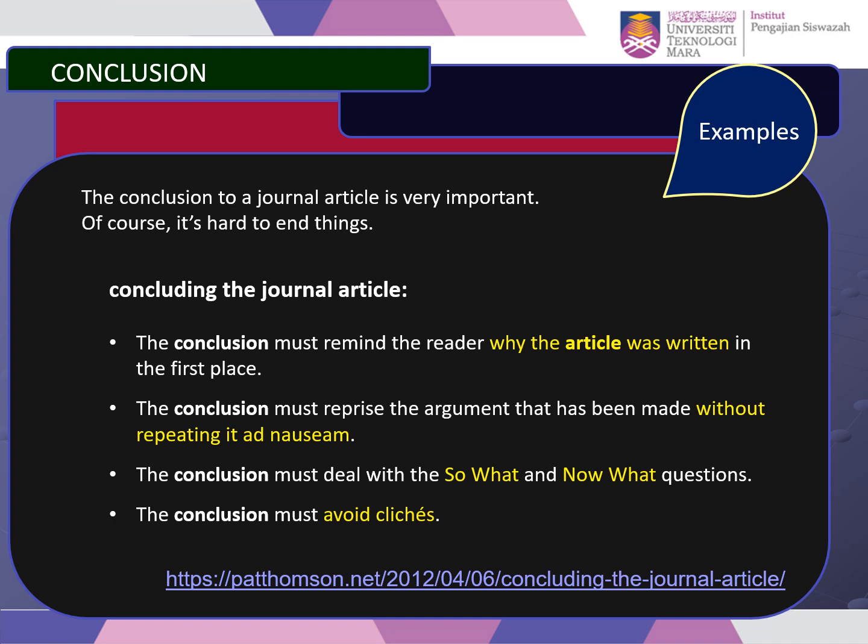So in order for you to conclude your journal article, first you remind the reader why the article was written, and then you must reprise the argument, but do not repeat your argument there. And then your conclusion must deal with the so what and now what question, and the conclusion also must avoid cliche. So for more information, you can visit this website.